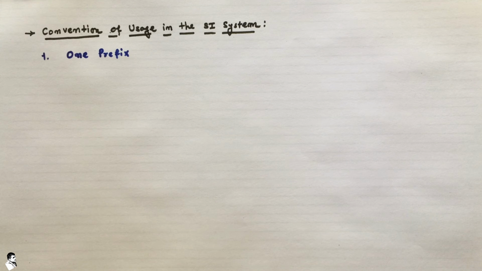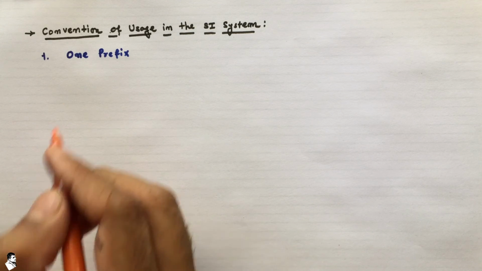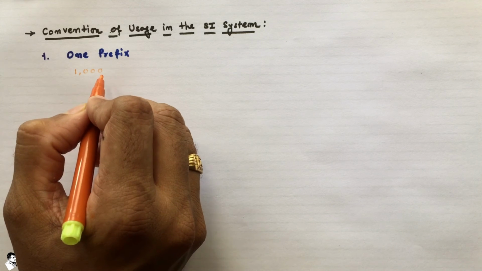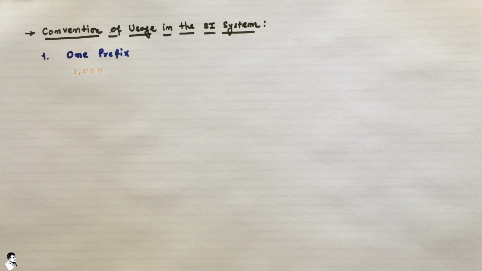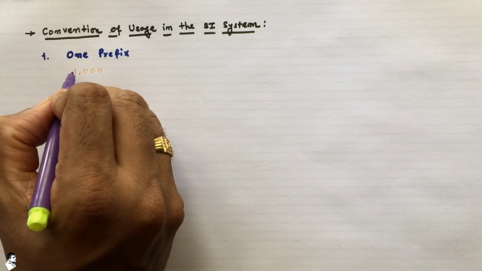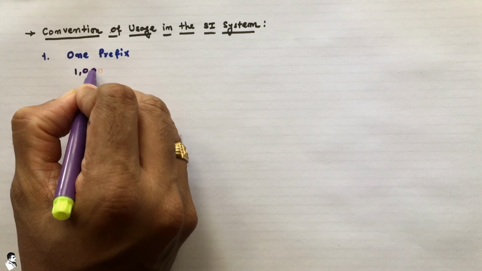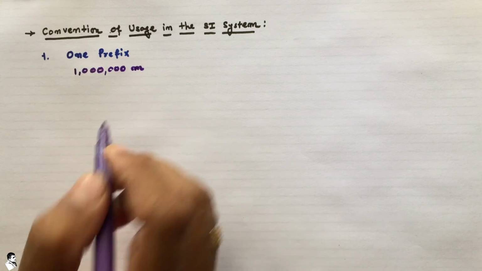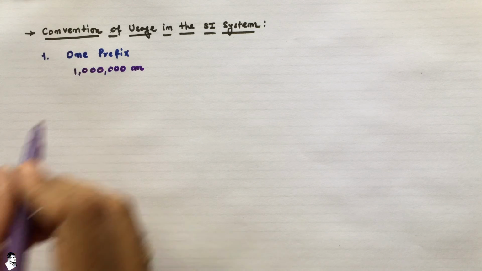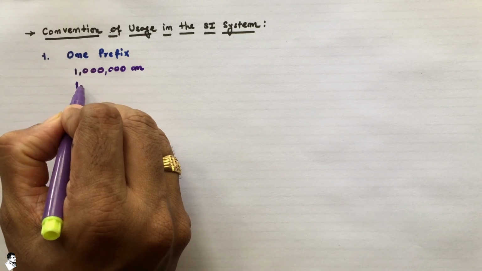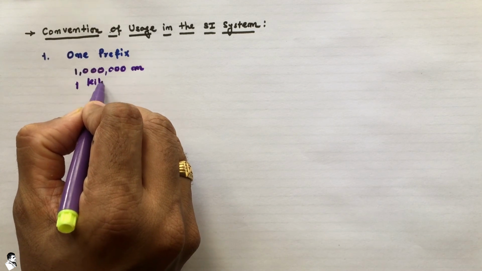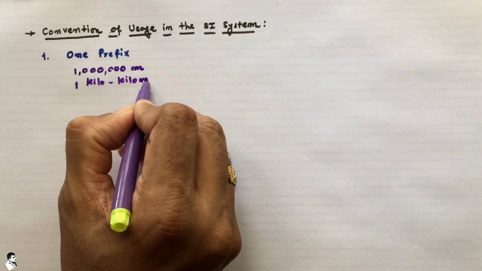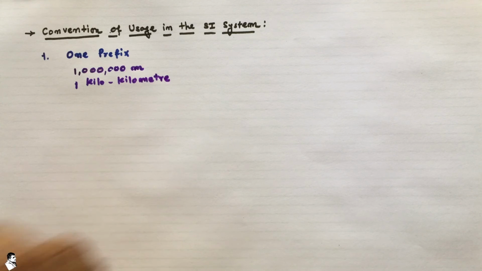For example, if we take 1000 and 000 meter, that shall not be written as 1 kilokilometer.